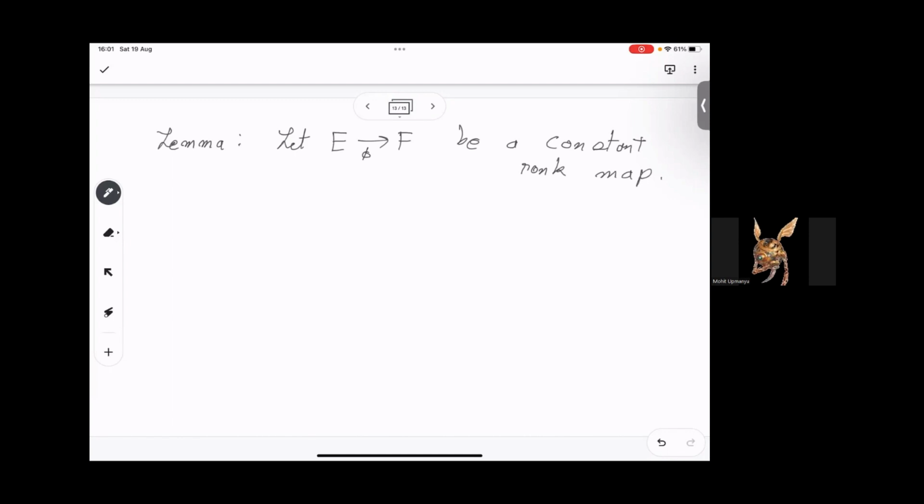Then number one, we could take the kernel at every point, right? So the kernel of phi x, x in X, is a vector bundle. So the kernel of such a map is a vector bundle if it's constant rank. Number two, the image of such a map is a vector bundle.